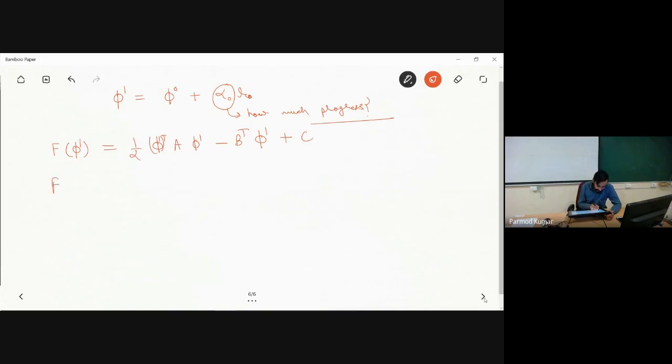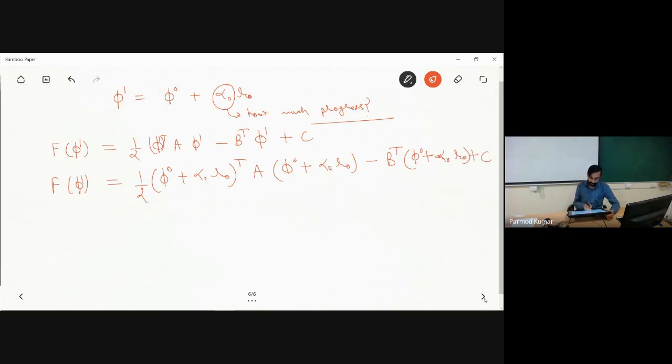So if I replace this, I will be getting f of phi1 as half of phi naught plus alpha naught r naught transpose into A, and in place of phi1 I'll be finding phi naught plus alpha naught r naught, minus b transpose, in place of phi1 phi naught plus alpha naught r naught, plus c.